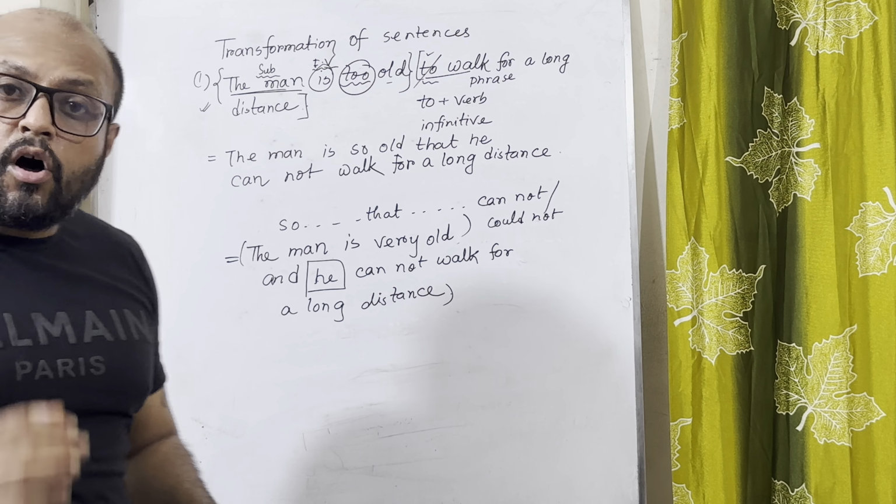Or you can also write like this: The man is very old and he cannot walk for a long distance. So in this way you can transform any sentence that has this intensifier too with an infinitive, to plus verb, by applying the so that method for complex and very for compound.